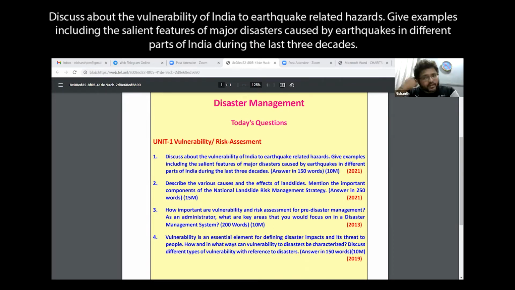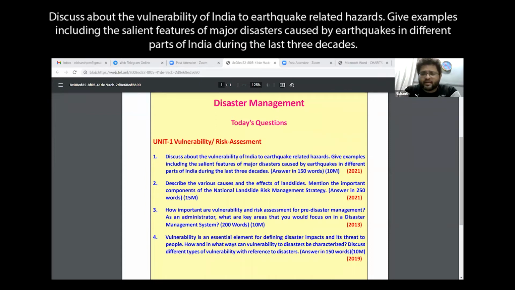India is in the vulnerable zone because the tectonic activity is quite high, because the Himalayas are created based on the subduction zone. That is the geography part. You can slightly mention it, and then come to the vulnerability part.